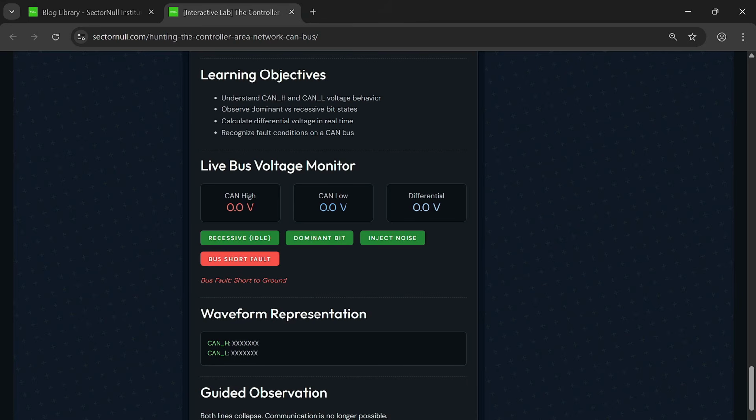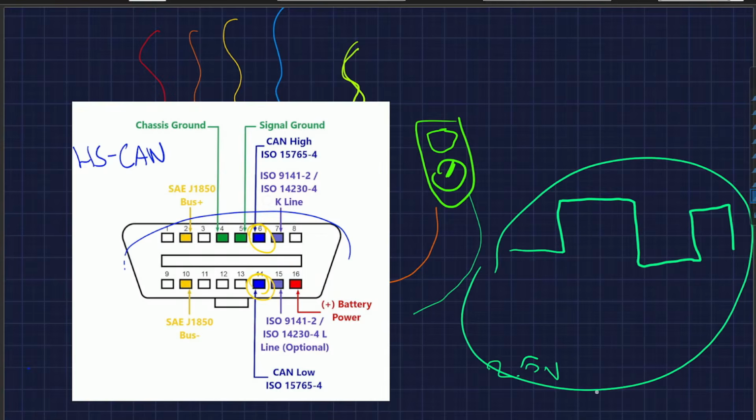Now they will detect errors. Some will go bus off, others will enter limp mode. For example, I have experience with BMW vehicles and some other vehicles as well.